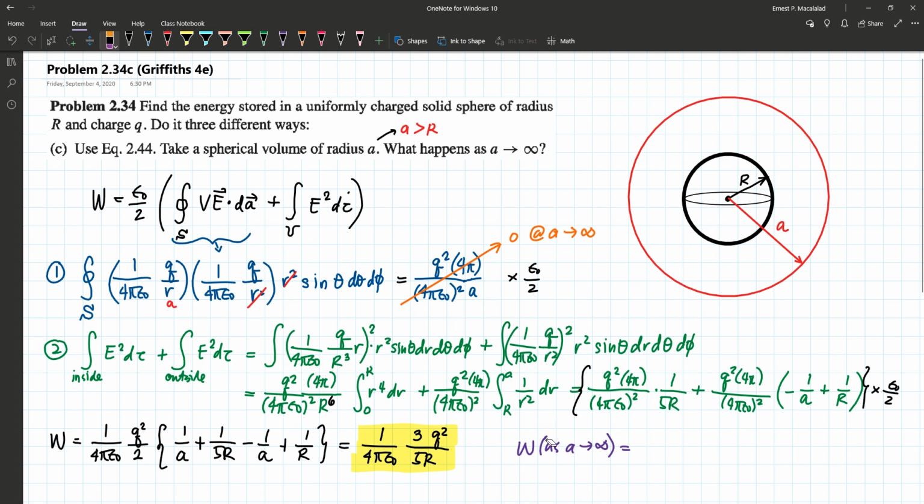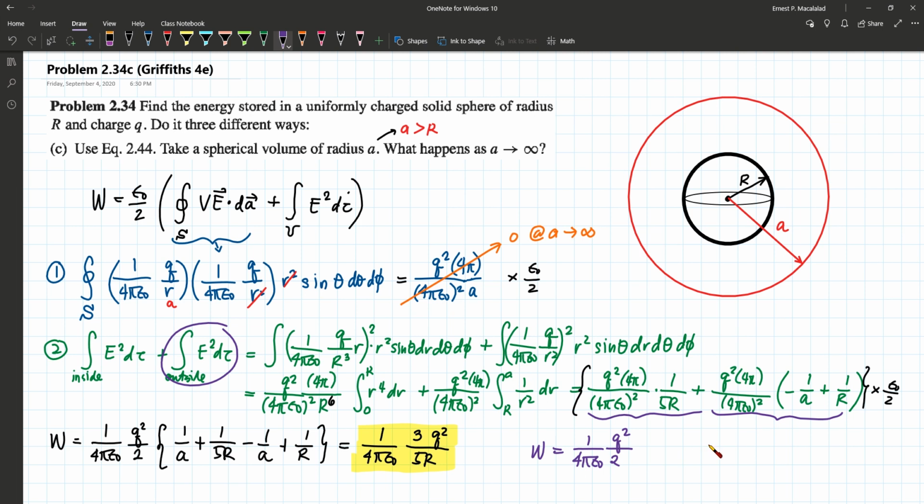The work done, let's simplify, becomes this term plus this term. So this becomes 1 over 4 pi epsilon naught, q squared over 2.